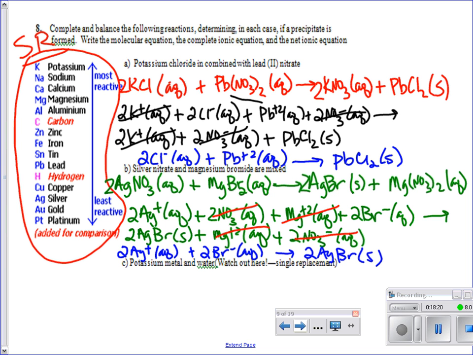Okay. Potassium metal and water. I'm going to introduce you here to what I call a push-up problem. This is one thing I do in AP. For this particular type of reaction, because so many students miss it, and they miss it over and over again. So just like they do in your athletics, I decide, hey, I can make you guys do push-ups, right?